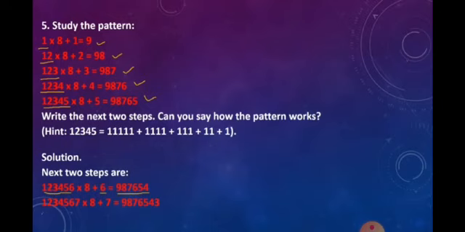The next step is 1, 2, 3, 4, 5, 6, 7. Multiply by 8 is common, plus 7, which is equal to 9, 8, 7, 6, 5, 4, 3. Like this, we can write as many steps as you want.